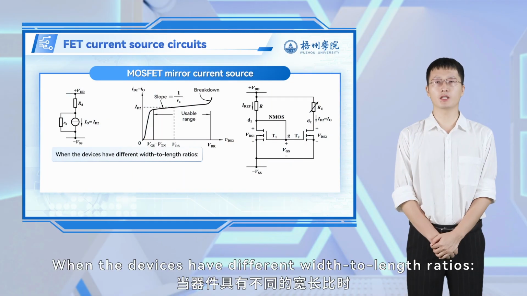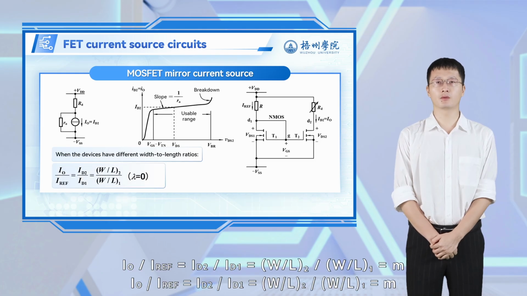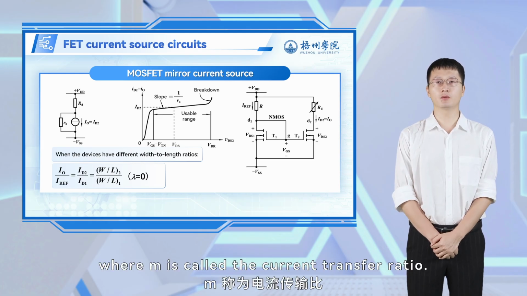When the devices have different width to length ratios, I_O divided by I_REF equals I_D2 divided by I_D1 equals (W/L)2 divided by (W/L)1 equals M, where M is called the current transfer ratio.